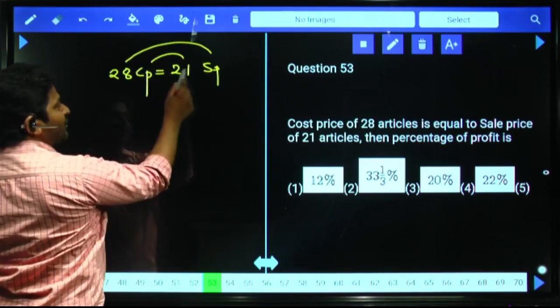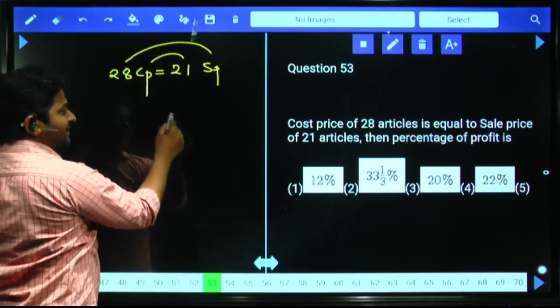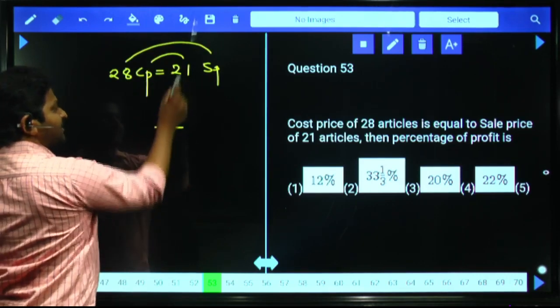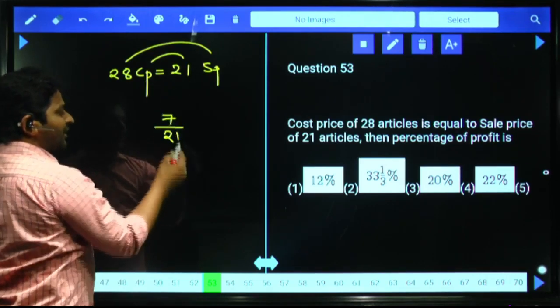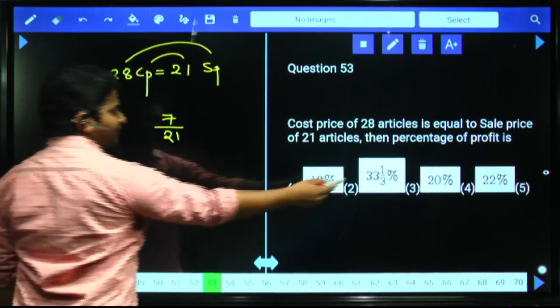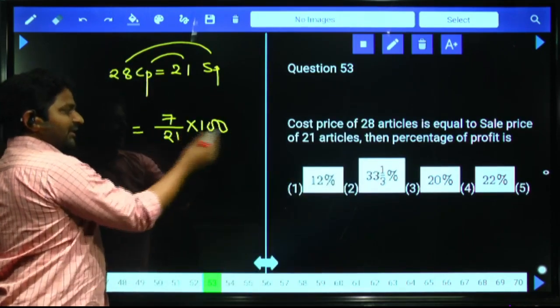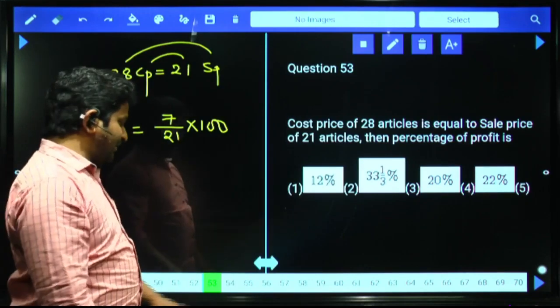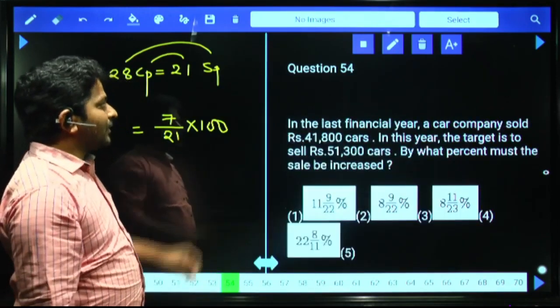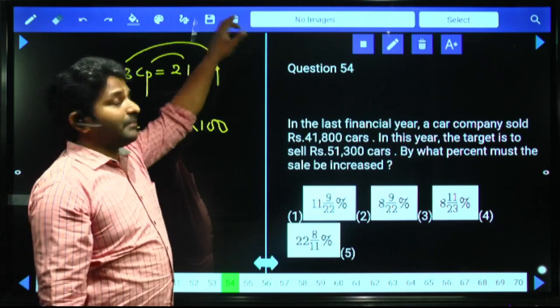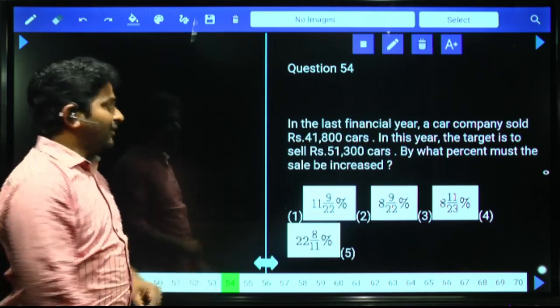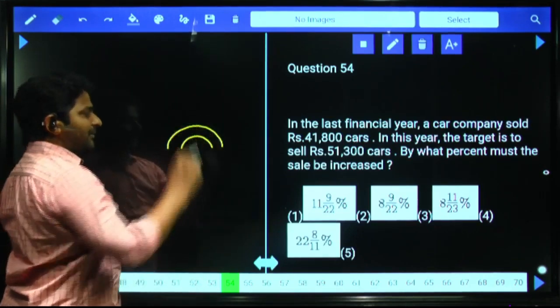Cost price 21, selling price 28, profit 7 rupees. Out of cost price 21, 7 out of 21 in the sense 1/3, 1/3 in the sense 33 1/3%, 1/3 into 100. So whenever number of articles information is there, we will go for rainbow multiplication.